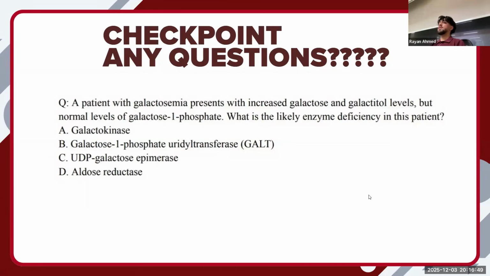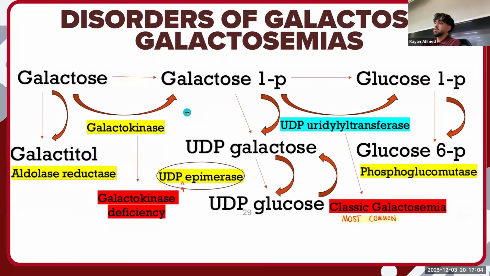So as soon as you see normal levels of galactose 1 phosphate, and these two are increased, it's going to be galactokinase.